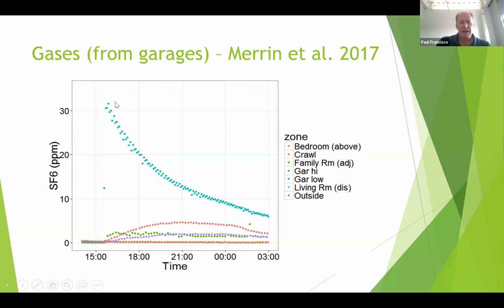But of course, this decay is the garage decay, not the house decay. Yeah, I was looking at the house, and so the garage is still feeding it, that's why it flattens out. Yep.